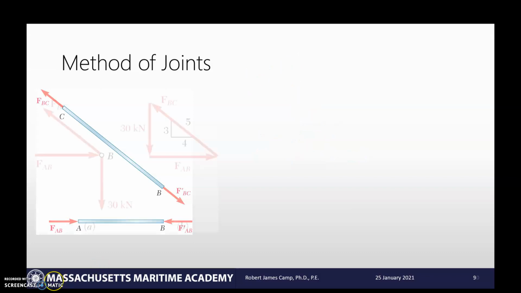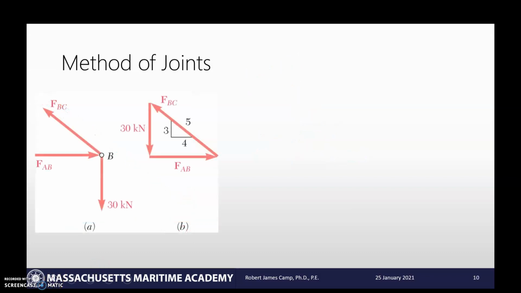What we're going to do is the method of joints. And what is the method of joints? That is, you look at each individual point and you draw the free body diagram. So right here I have drawn point B, and I have all of my forces here. I'm going to have 30 kilonewtons pulling down, and then I have the internal forces of member force AB and force BC. There are a couple of different ways to solve this.